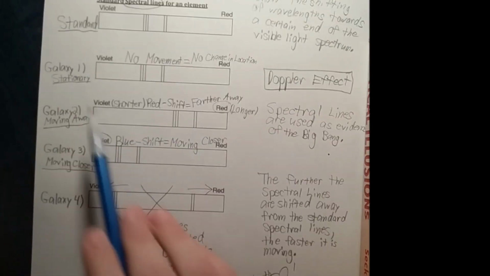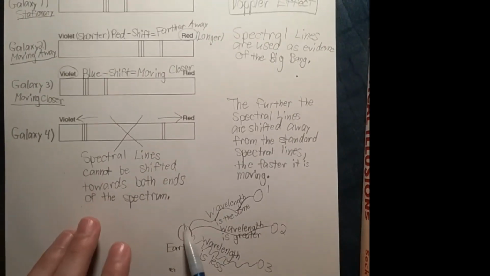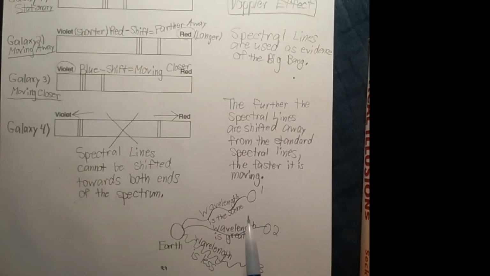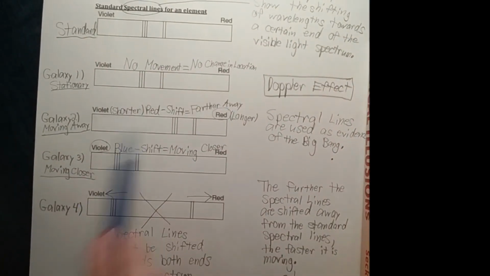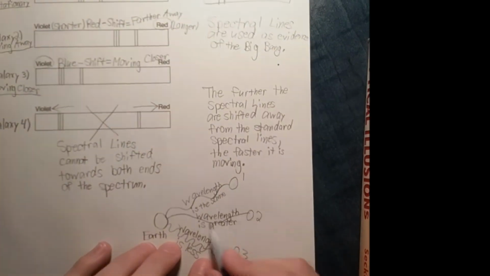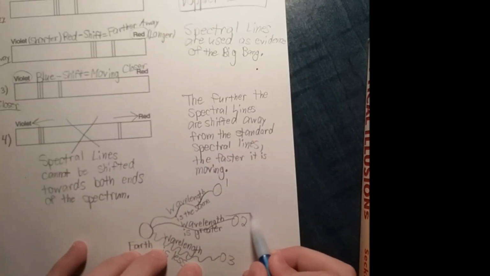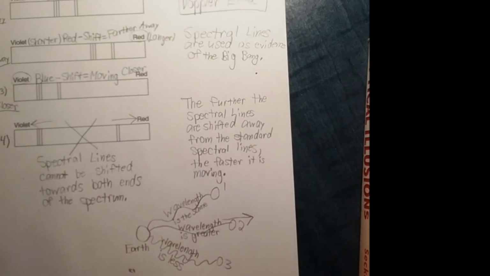Okay, so our diagram here, galaxy 1 was stationary, so we gave it the normal wavelength that's emitted by a stationary object, and we labeled that the wavelength is the same. So it's not moving closer or away from us, it's going to stay right there. So the one right here, where the wavelength is greater, because galaxy 2 had a redshift and it was moving away, since the wavelength is greater, we know that this one is going to be moving away from us.